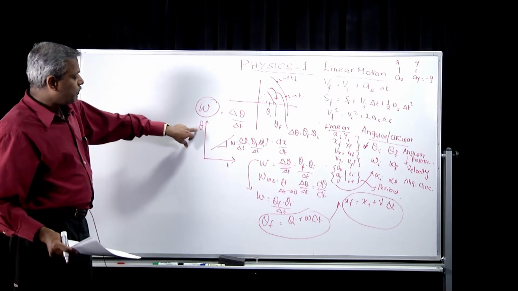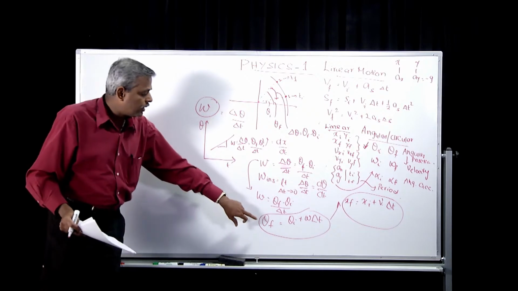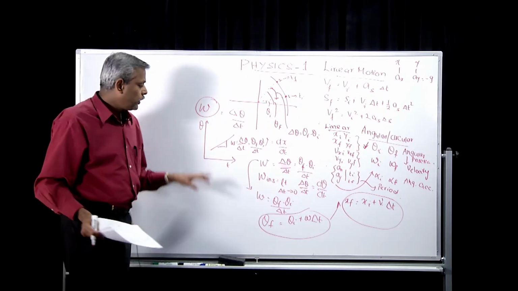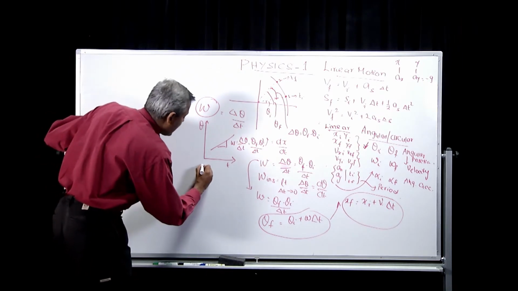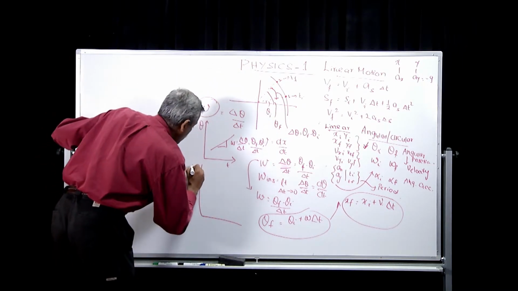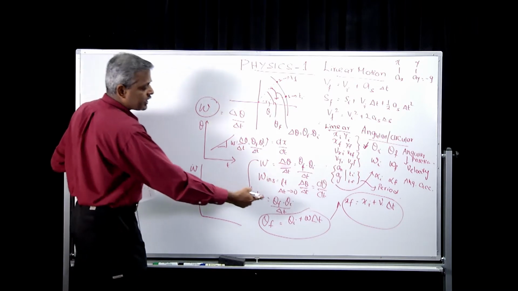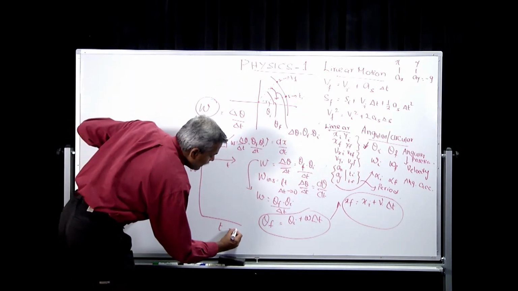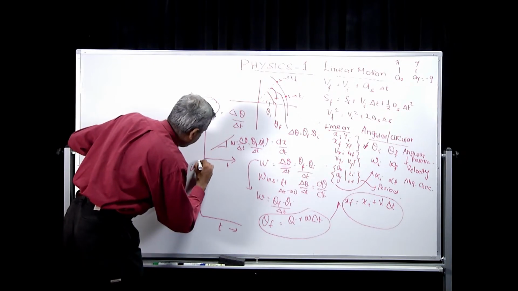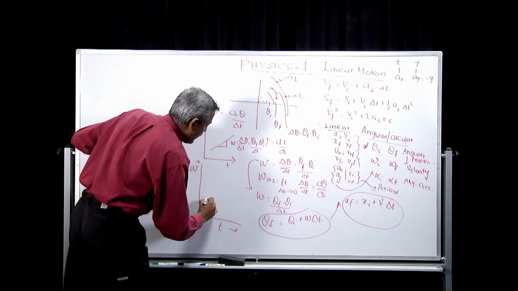So, if you plot a graph between the angle and the time, you get your angular velocity. I can also plot a graph between omega and t.